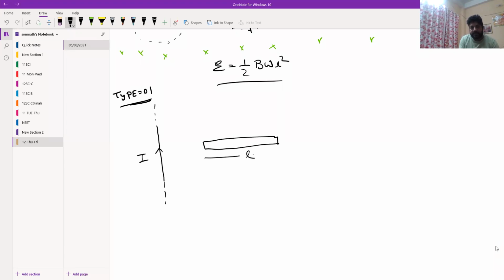Let the length of the rod be L, which is moving with velocity V, at a distance A from the wire. The question is to find the induced EMF on the rod. So you can try this question. I give you some time for that.